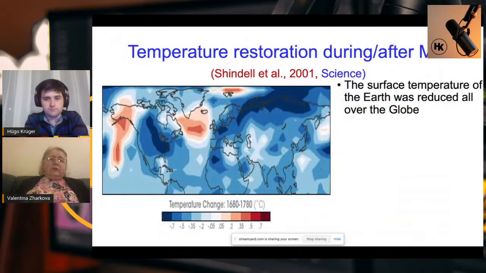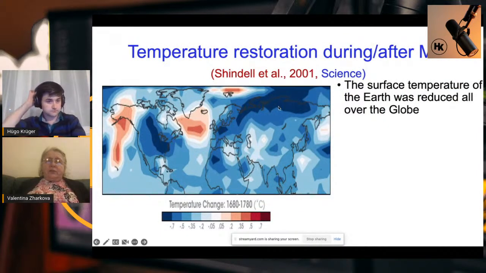Shindell et al., for example, managed to reproduce the surface temperature of Earth during the globe after the Maunder Minimum.